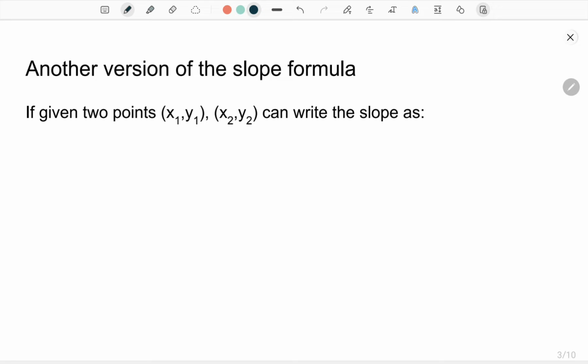So another way to write out the slope formula is if you're given 2 points. Maybe one's over here, one's over here. We don't know. They could be any 2 points on the graph of any line. But in general, what we can do is the distance across, the run, and the distance up, we can represent that in a new way. So the rise here, that's the same as the difference in our 2 y values.